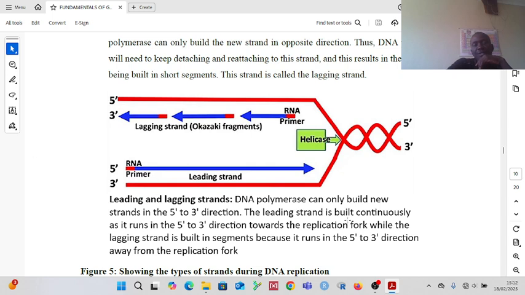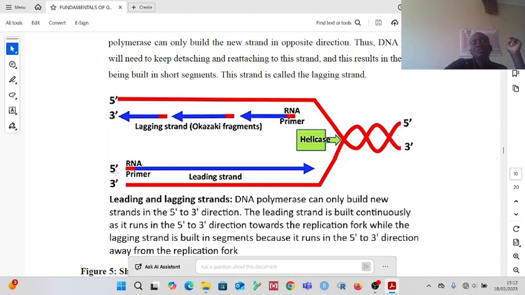So now you end up, as shown in this figure on page 10, I guess, with the helicase and the RNA primer, which is created by the primase. Then the elongation is happening from inside out, so we have the Okazaki fragments.